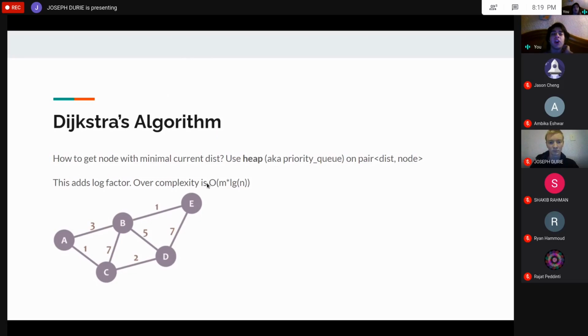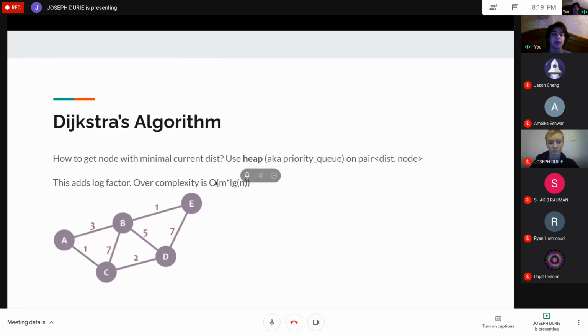There's no way to remove arbitrary elements from the priority queue. You only remove from the top when you're actually processing it. So you can have multiple instances of a node in the priority queue. In fact, the size of the priority queue is bounded by the number of edges in the graph, and each operation takes log time based on that.